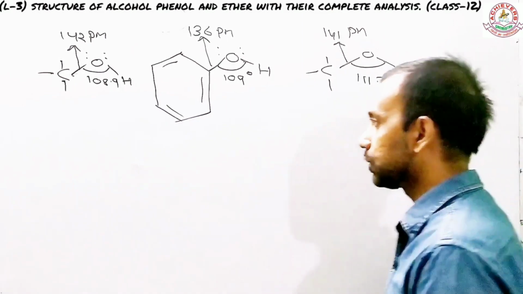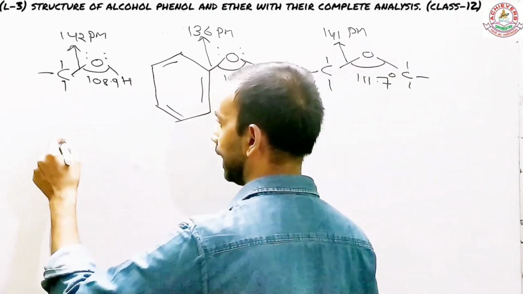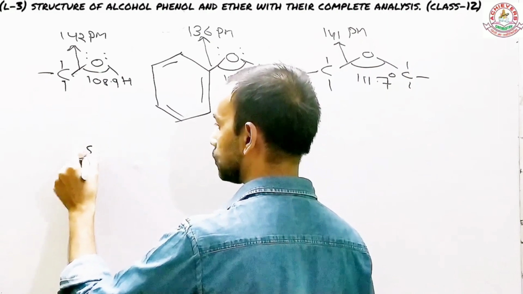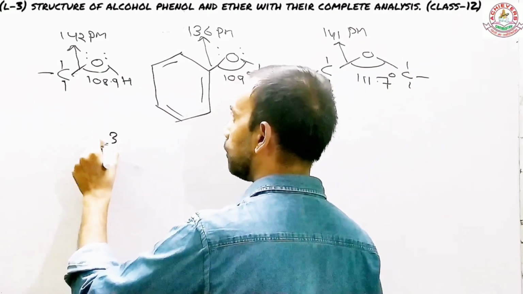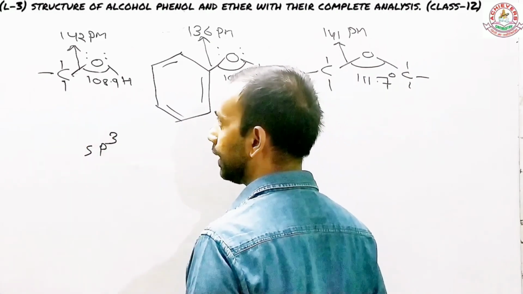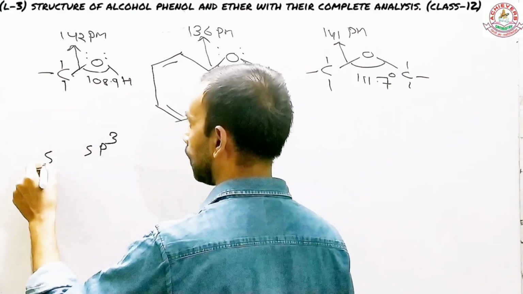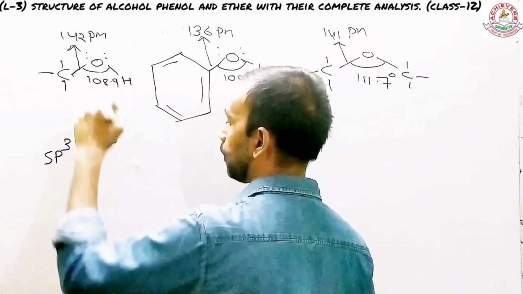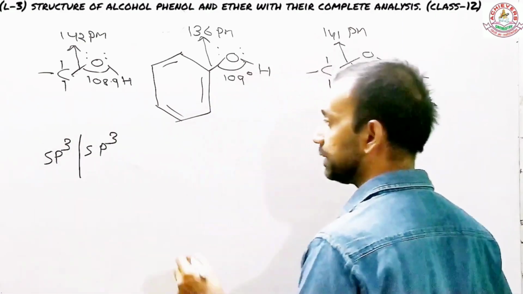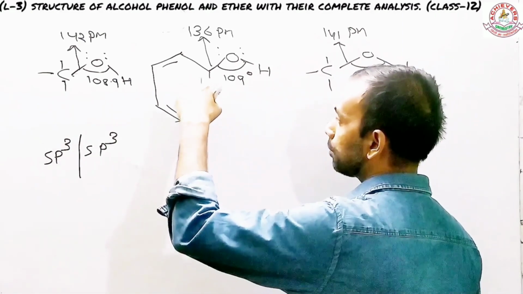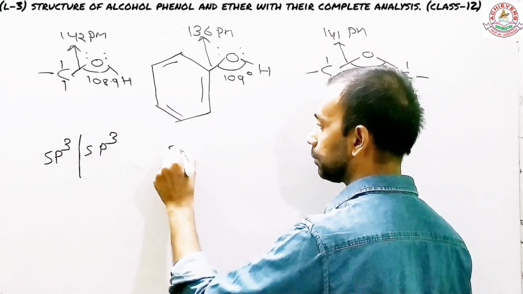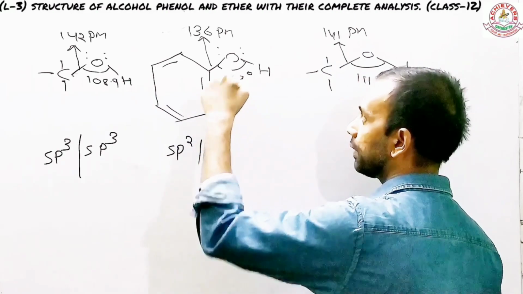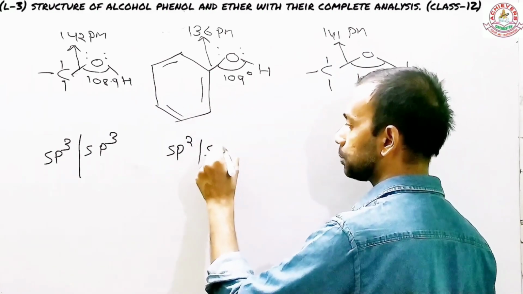As you can see the structure here, you definitely realize that the hybridization of this oxygen is sp3. Why? Because there are two bond pairs with two lone pairs, and this carbon has a hybridization of sp3 again. So for carbon and for oxygen, the hybridization is sp3 and sp3. Let's talk here. The carbon has a double bond, so hybridization for carbon is going to be sp2, but for oxygen there are two bond pairs and two lone pairs, so this time it's going to be sp3.